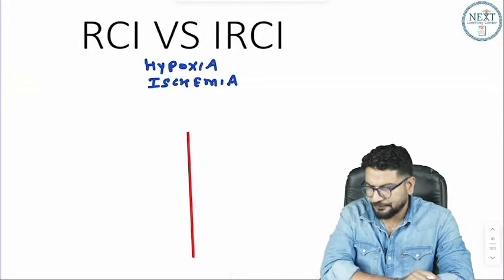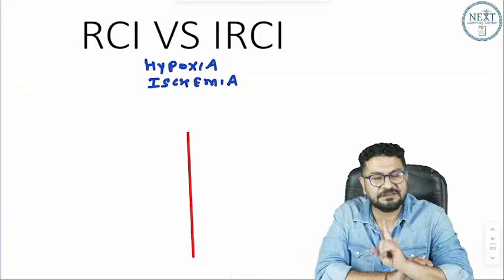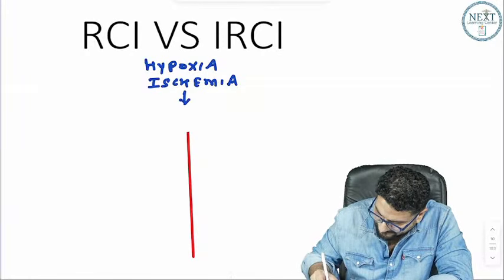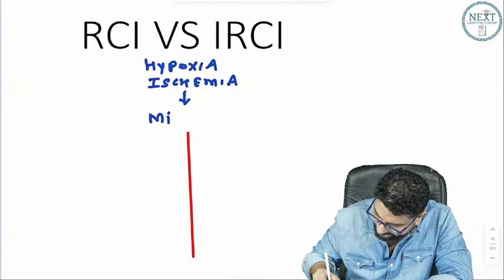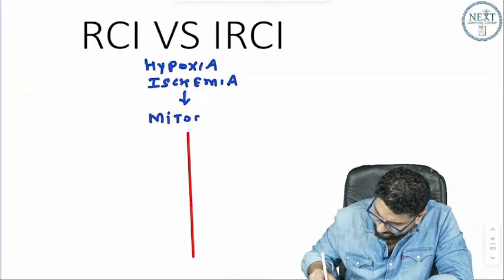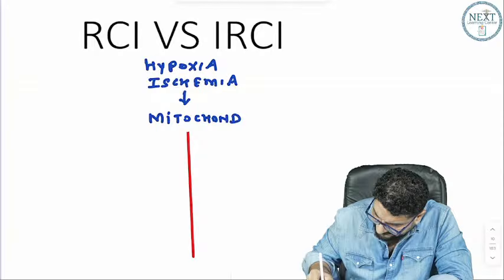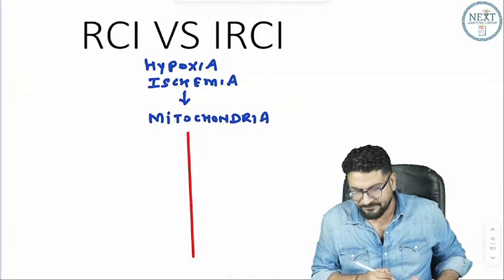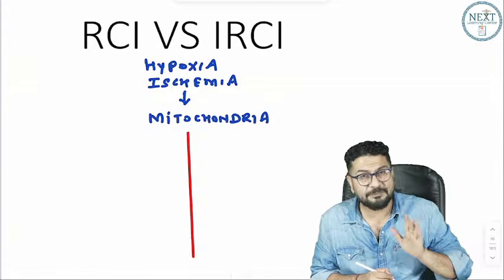And as a result, you will notice the first organelle to be affected in both cases will be mitochondria. So see, the most common cause is hypoxia or ischemia, and the first organelle to be affected is mitochondria.